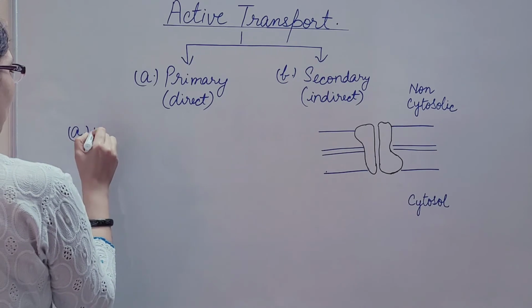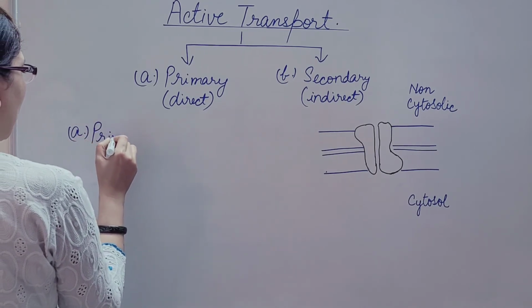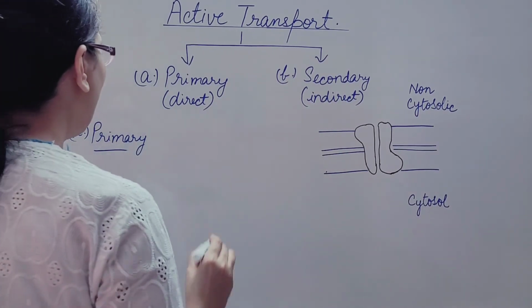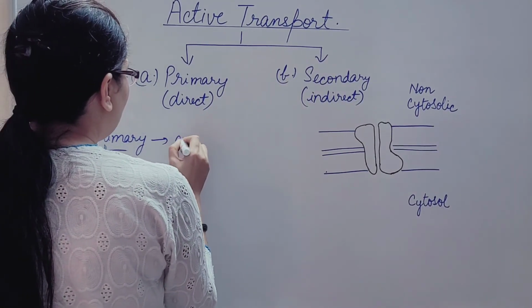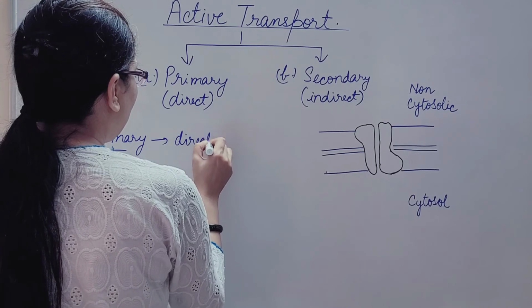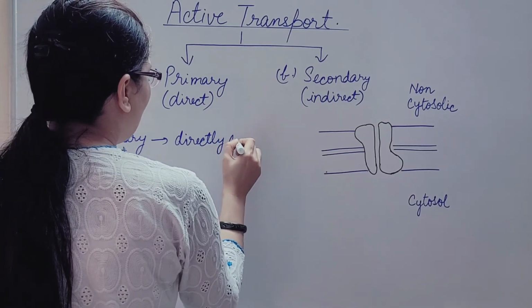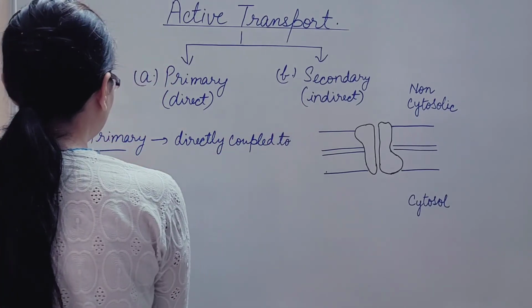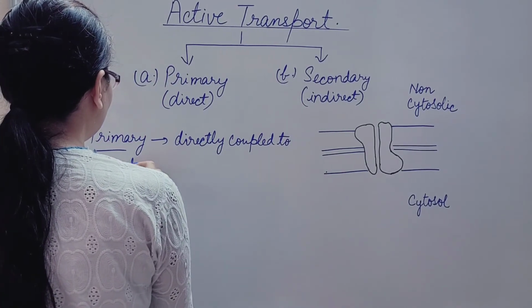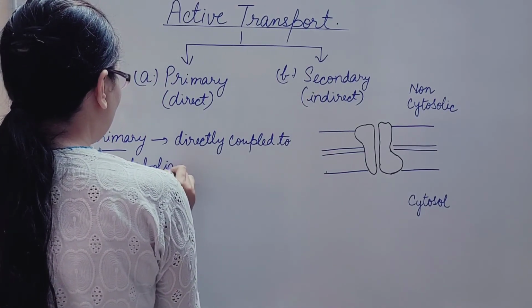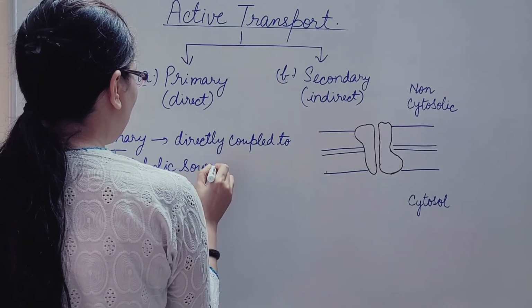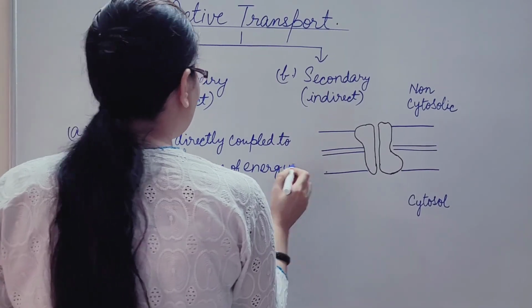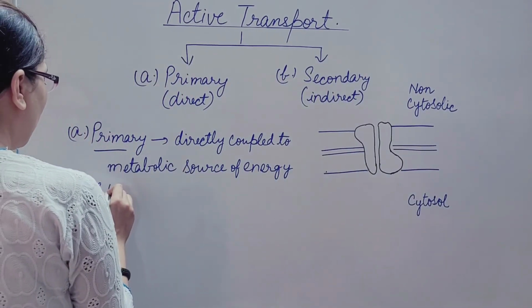First is primary active transport. Here the transport is directly coupled to a metabolic source of energy such as ATP.